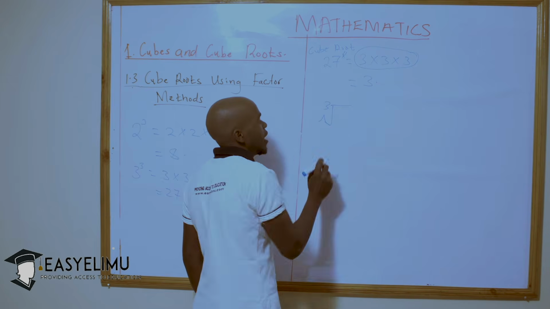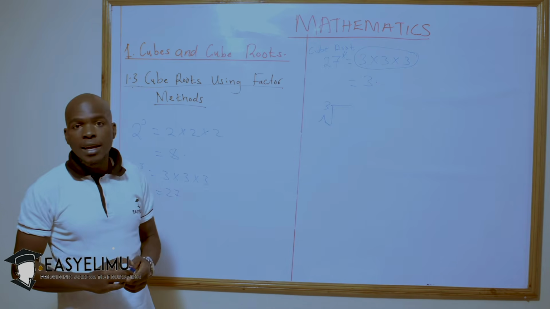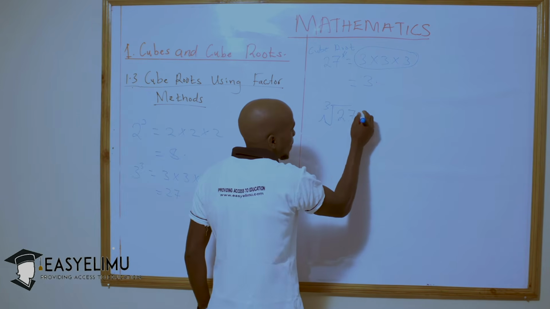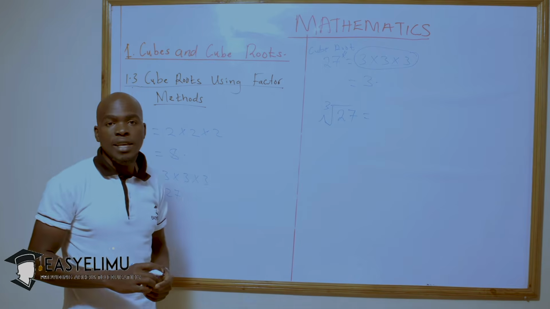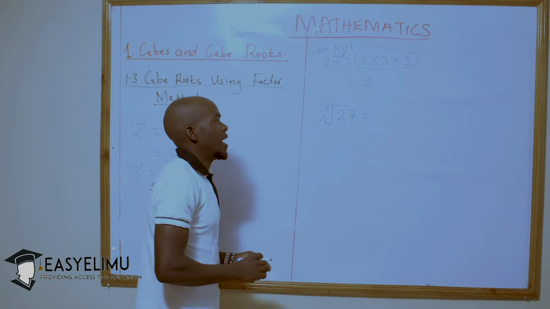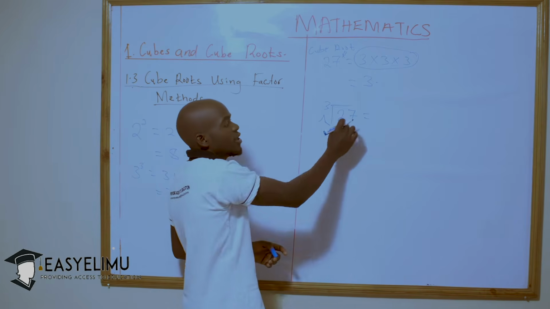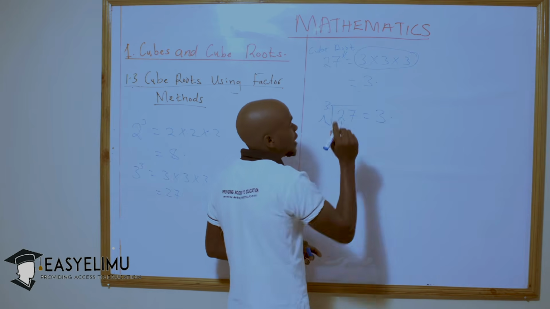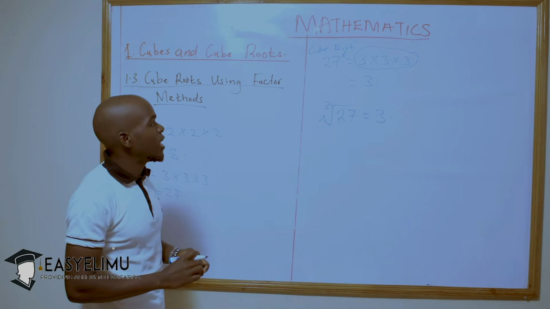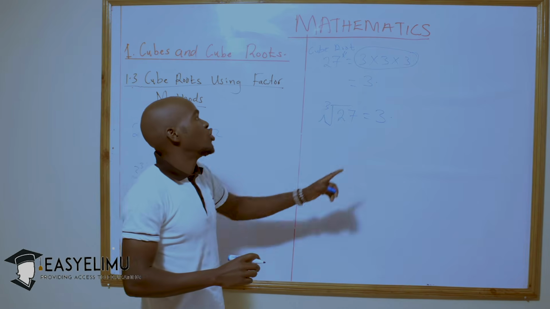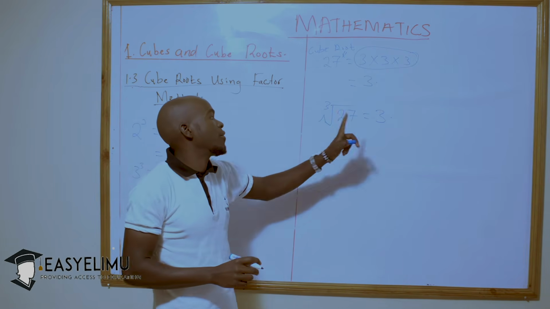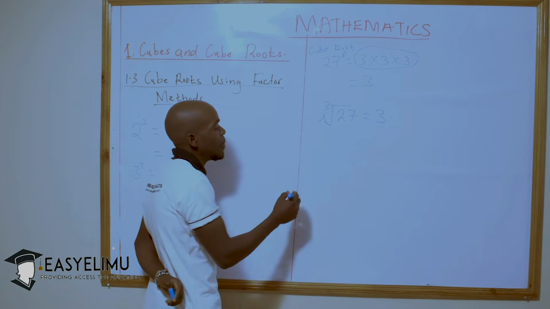If you find a symbol which resembles this with a number inside it, that means it is a cube root of that number. If that number is 27, then the cube root of 27 can be written as 3. But using the factor method, you have to write it out in a long process in order to find the answer.